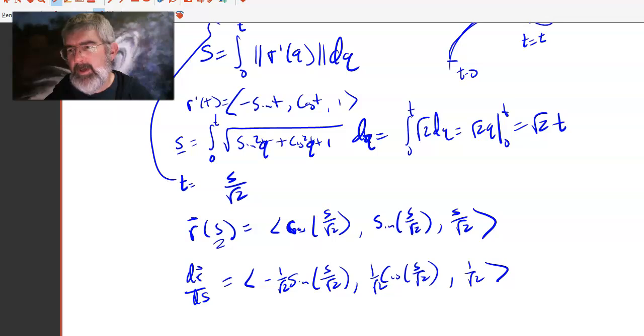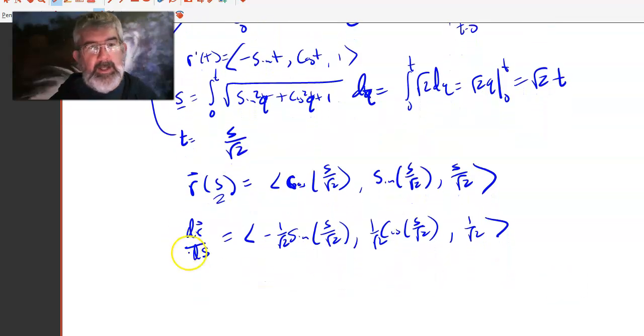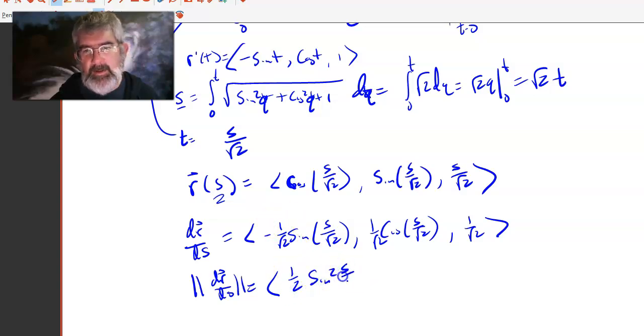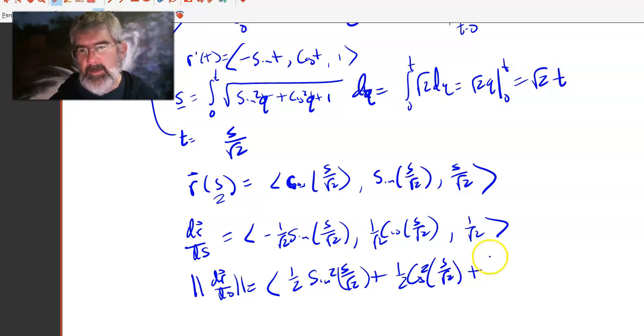And notice now that when I take the length of this, it would be the square root of 1/2 sine squared s over radical 2 plus 1/2 cosine squared s over radical 2 plus 1/2.